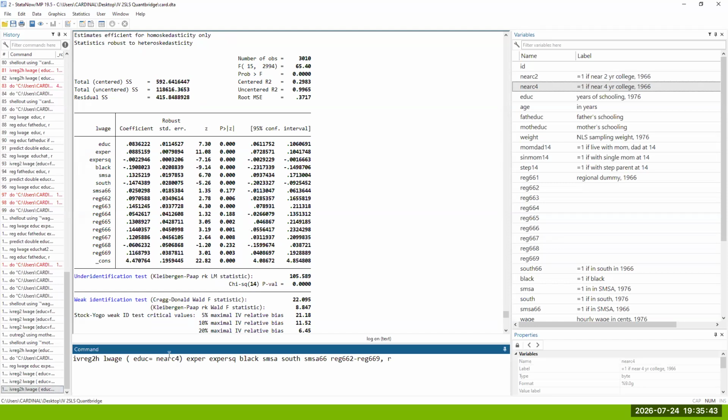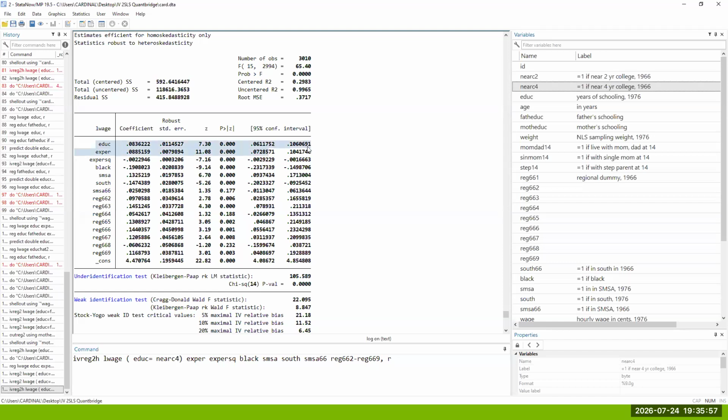Let's use nearc4. You would realize that nearc4, which is now in this case going to combine both internally generated instruments and external instruments, the coefficient here will be bigger than the internal only instruments, but will also likely be smaller than that of the two-stage least squares.